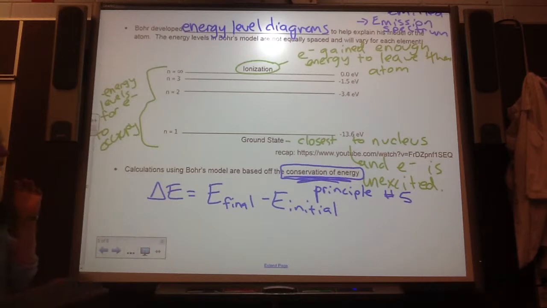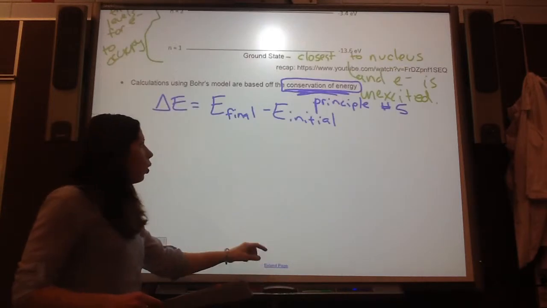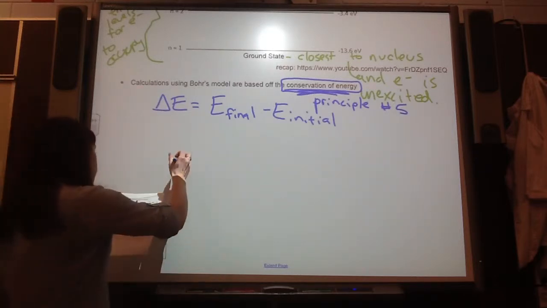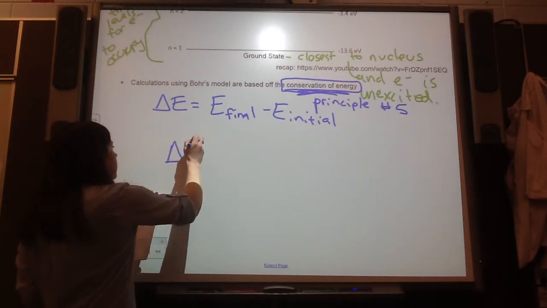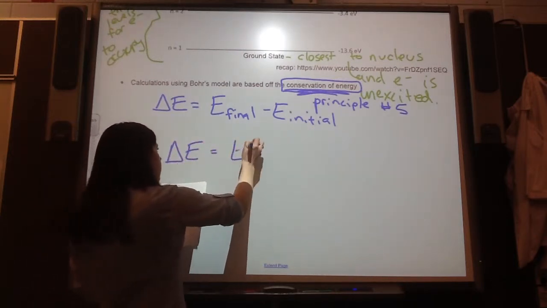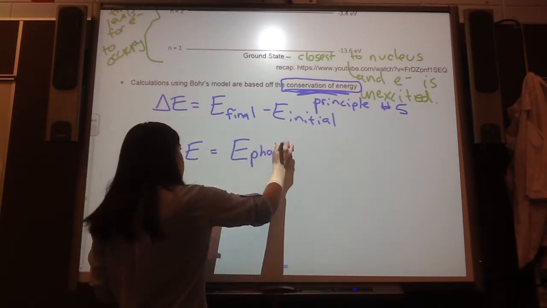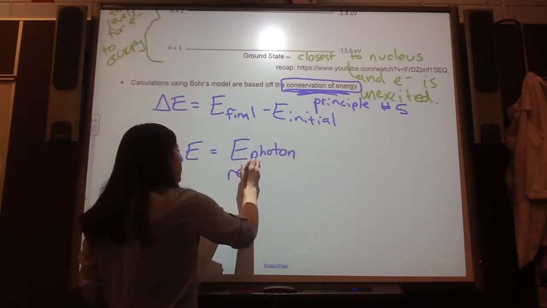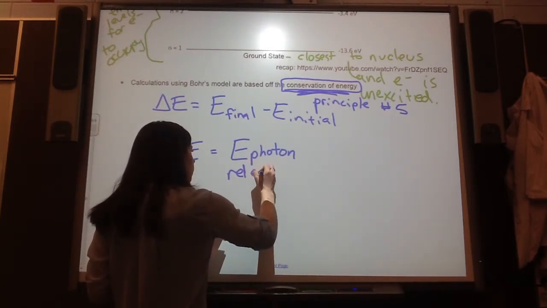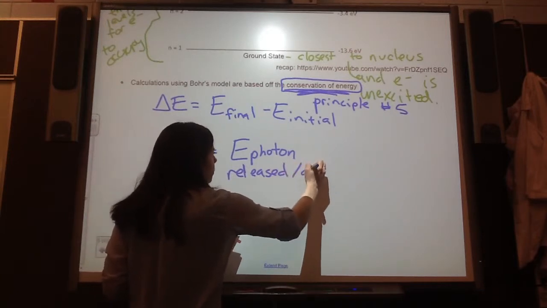Now, think about this logically. What should the delta E represent? Does it represent the electron? Does it represent the photon? Well, delta E should represent the energy that the photon has either released or absorbed.